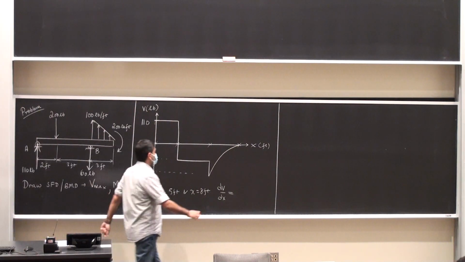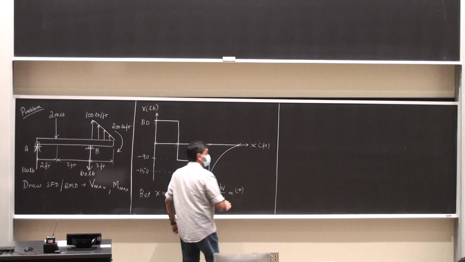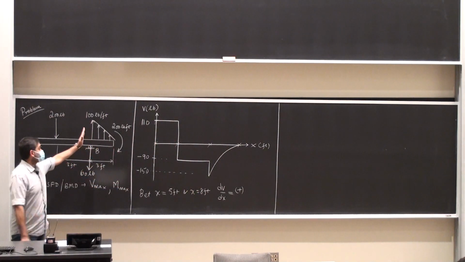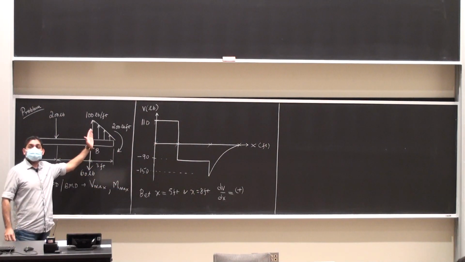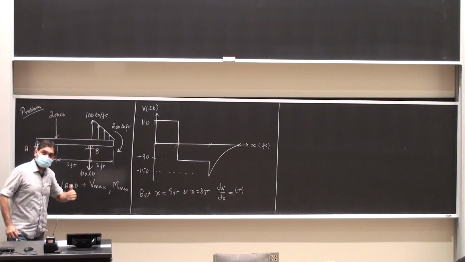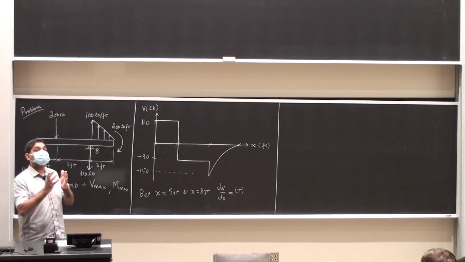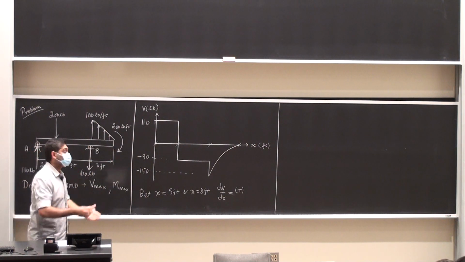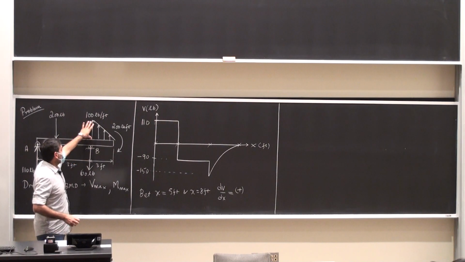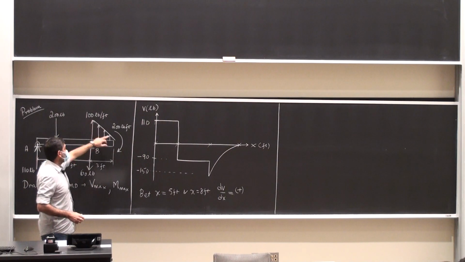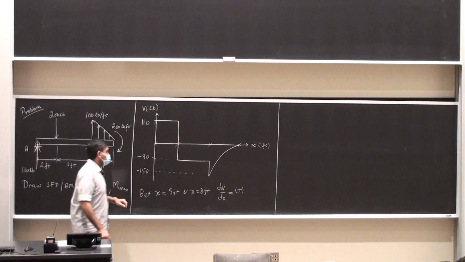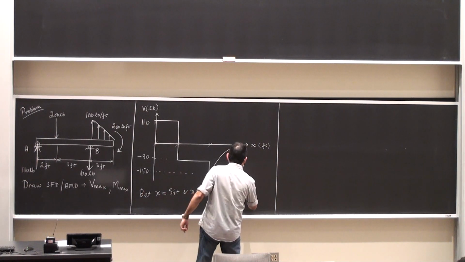So dV by dx is positive. Why is it positive? It's because the load intensity is acting vertically up instead of down. And then the magnitude of the slope is going to be decreasing all the way to 0, because the magnitude of the load intensity starts from some non-zero value and goes all the way to 0. So this is positive and decreasing.